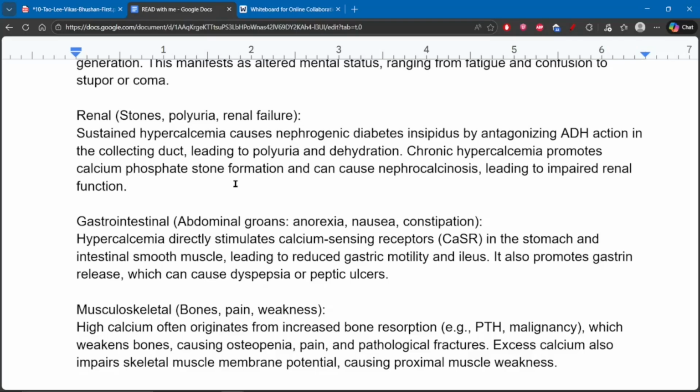It can lead to polyuria and dehydration, and it can lead to stone formation by directly combining with increased phosphate present in the vicinity, which can lead to stone formation in the end and impaired renal function eventually. So that's how hypercalcemia affects the renal system, and then the patient mostly presents with a stone, polyuria, or renal failure if left untreated.